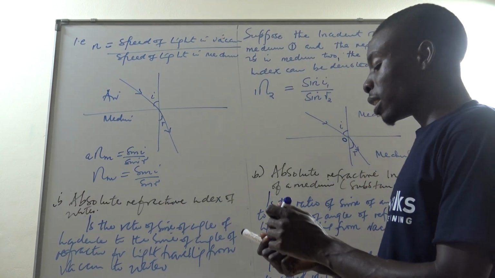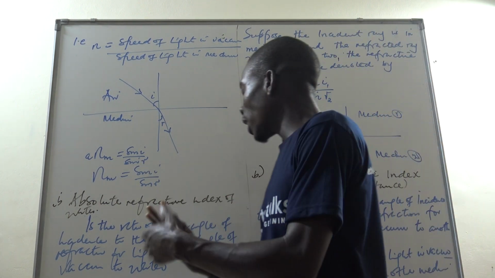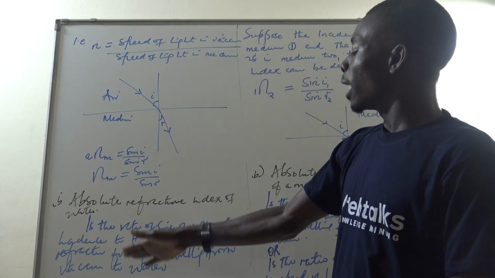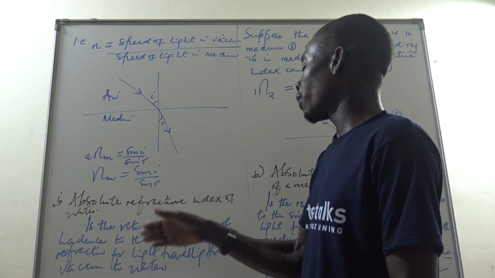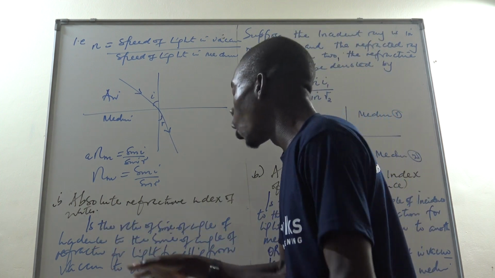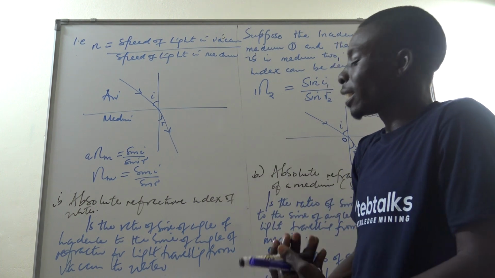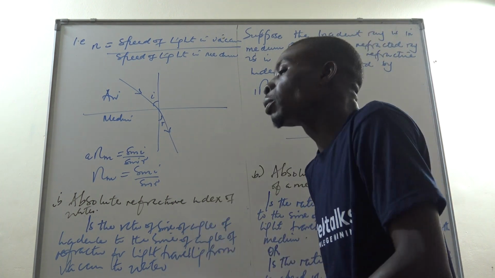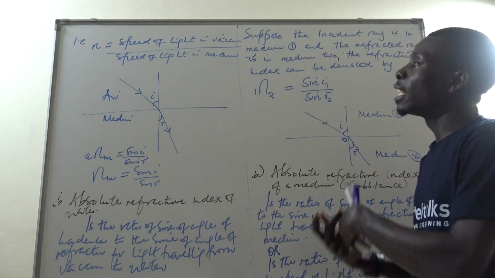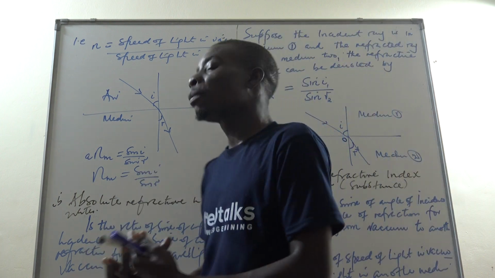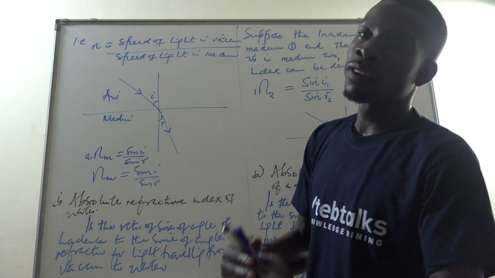Okay? So that one is now called absolute refractive index of water. If it is absolute refractive index of glass, it will still be the ratio of sine of angle of incidence to the sine of angle of refraction for light traveling from vacuum to glass. If it is paraffin, you also say from vacuum to paraffin. Okay? So that is basically the difference between absolute refractive index and the relative refractive index.